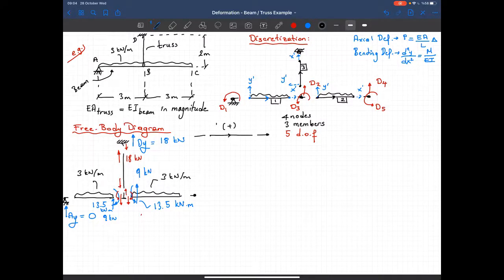These are my positive directions. That's the sign convention. Okay. Now, while drawing the force diagrams, so axial force diagram, and I have the moment diagram.